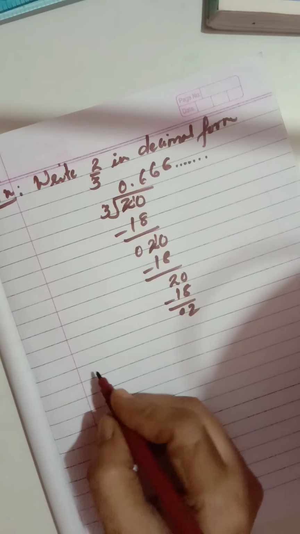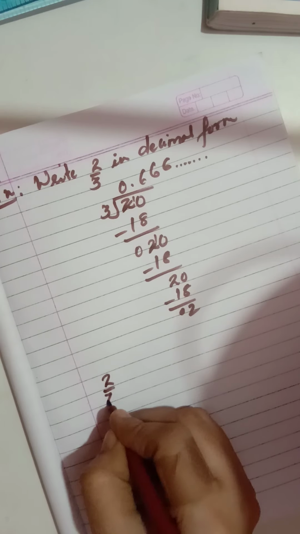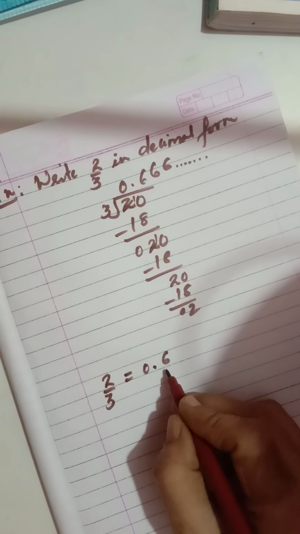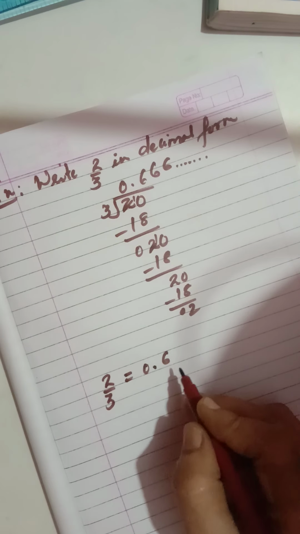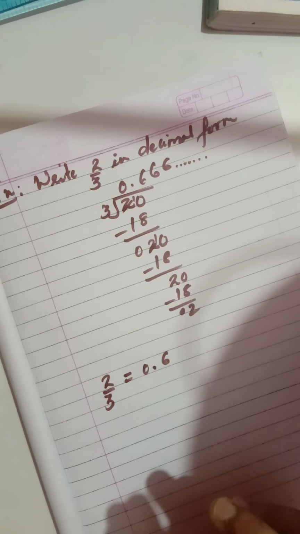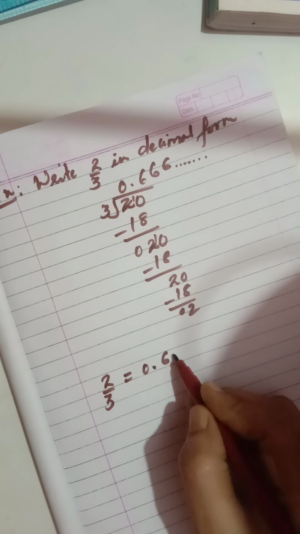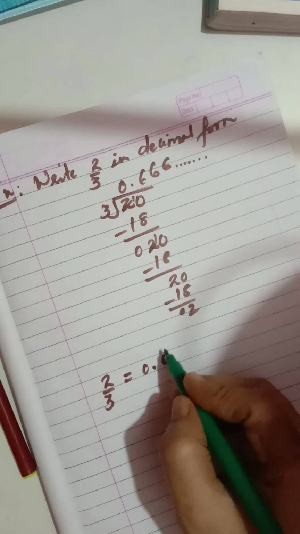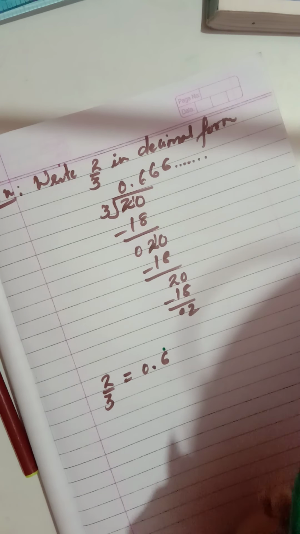So now I can write 2 upon 3 is equal to 0.6. Now see, children, this number 6 is repeating, recurring. You can show that recurring sign by a dot: when a single number is recurring, you can show it by one dot on that number.